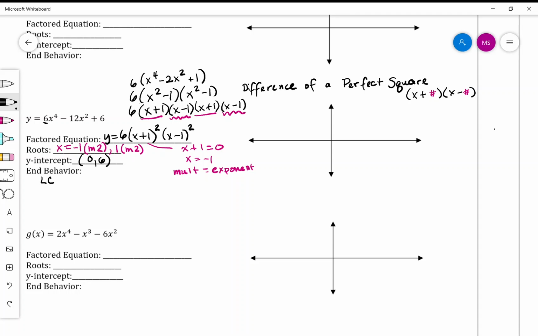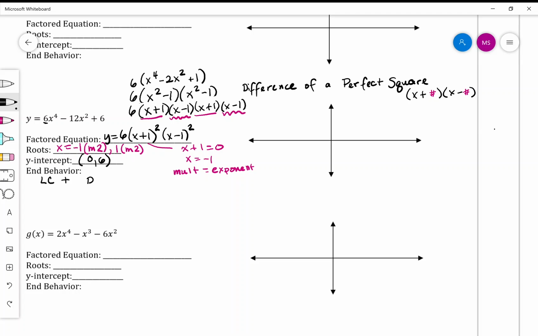Is it positive or negative? It's positive. Okay. So we do need to know certain things about this polynomial before we can write its end behavior. So everything that I'm writing here is so that I know the end behavior and what the graph is going to look like. All right, so this is not your end behavior answer. This is what you need to know to get your end behavior.